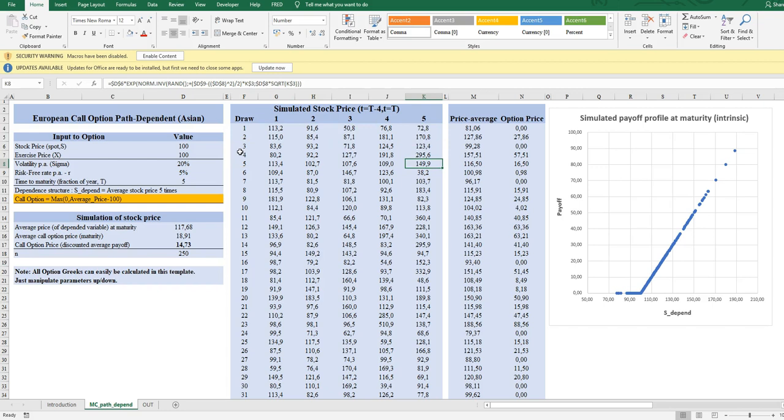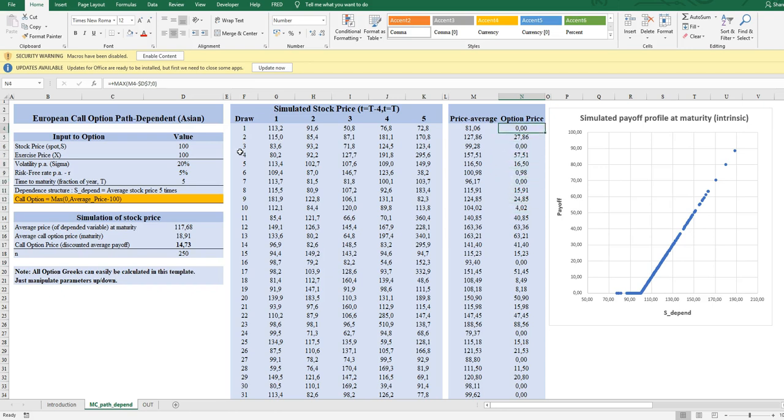Now what I just need is, for all these draws, all these simulated paths, for each draw to make an average as if this was the outcome. And if I do that for all simulations, I can ultimately calculate the average of the option price.